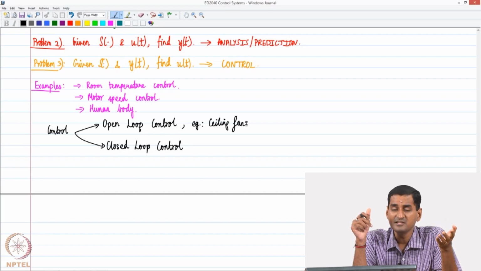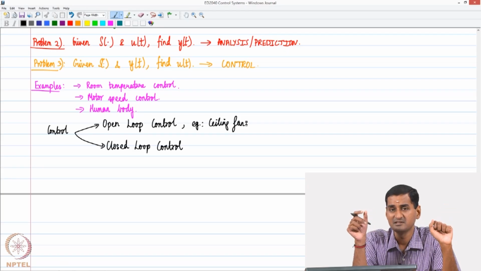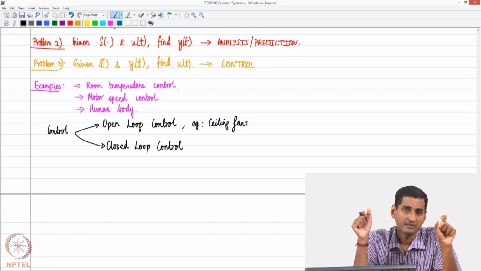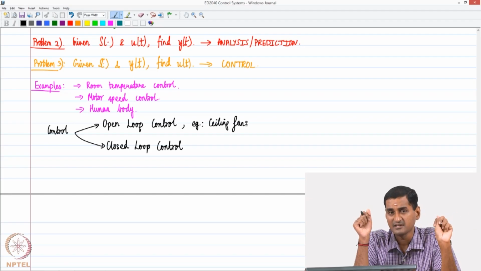Typically ceiling fans are open loop control systems where the speed settings are calibrated in the factory and the regulator essentially adjusts the fan RPM in a discrete set of values, right. And essentially in the presence of disturbances, obviously the system response gets affected, right. So that is a characteristic of open loop control, okay.